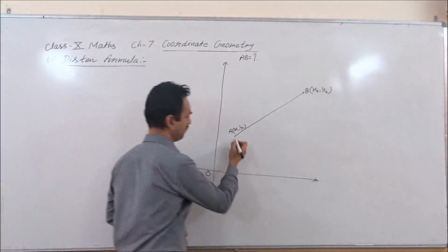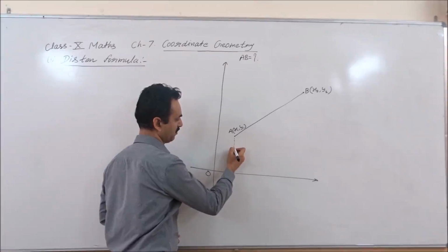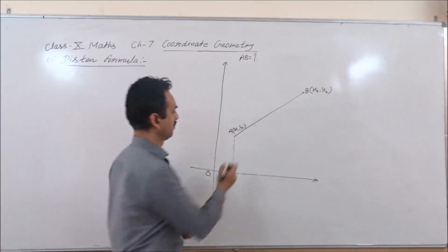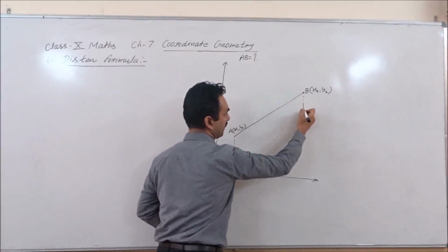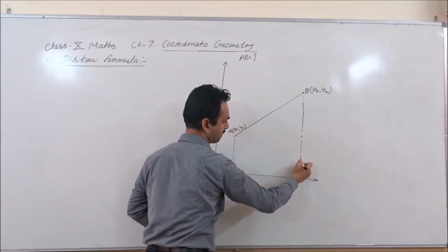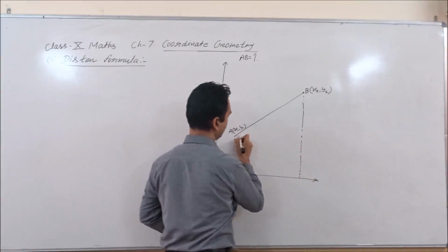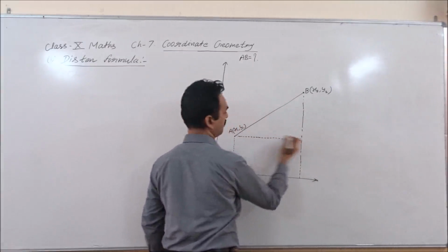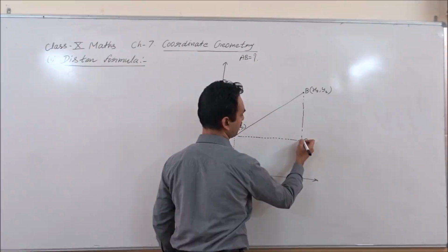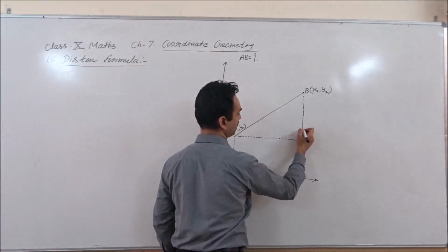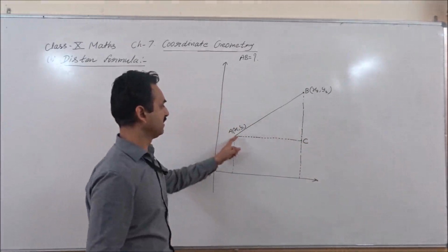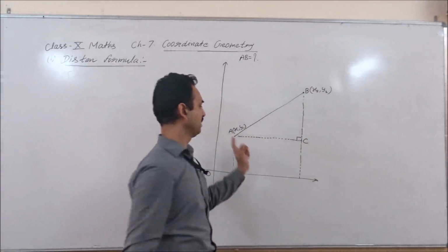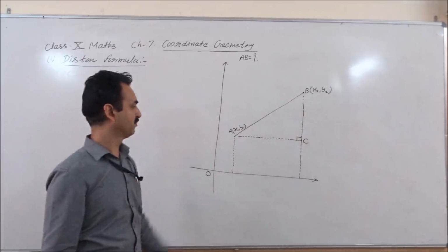First of all, you have to make vertical lines. Suppose this is point C. You can see this is a right angle triangle ABC.